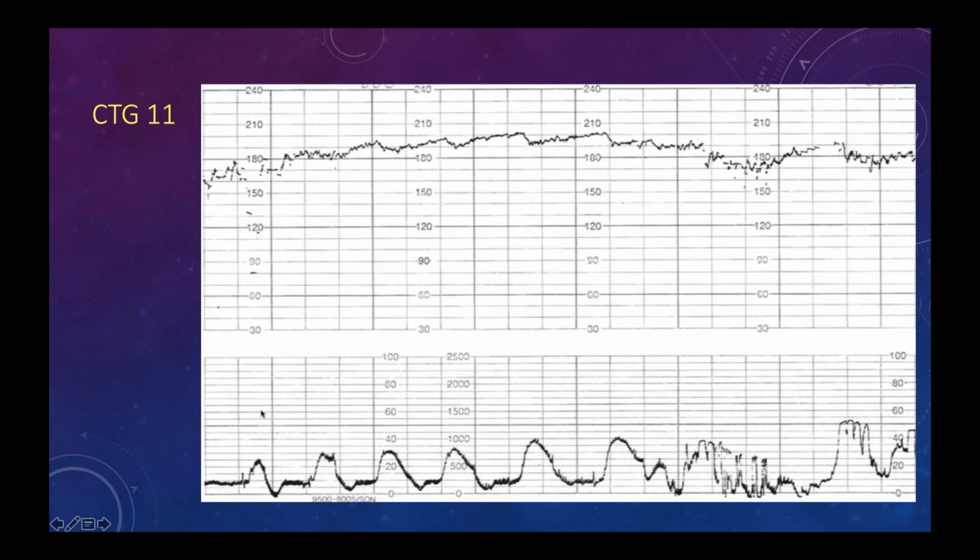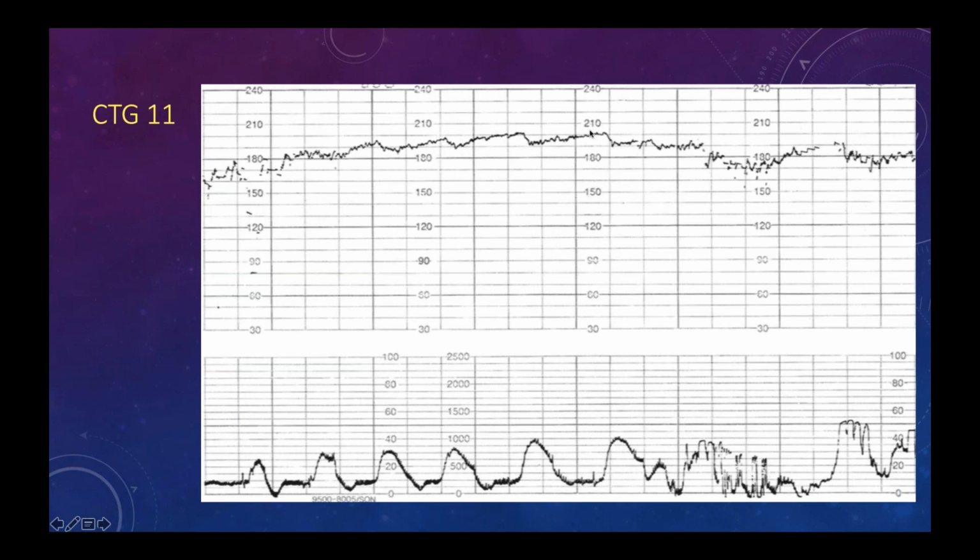Ramya: 5 contractions in 10 minutes, ma'am. Baseline is 190 to 200, ma'am.